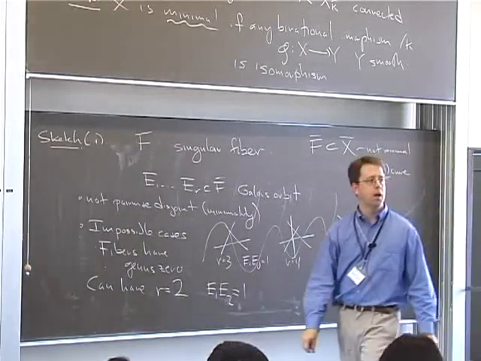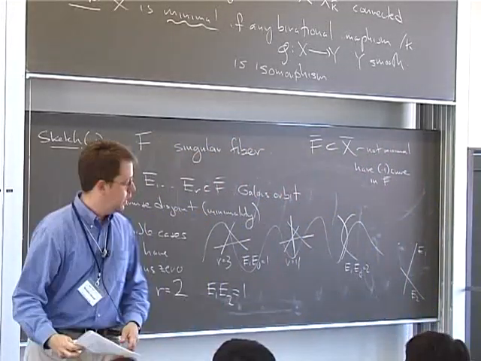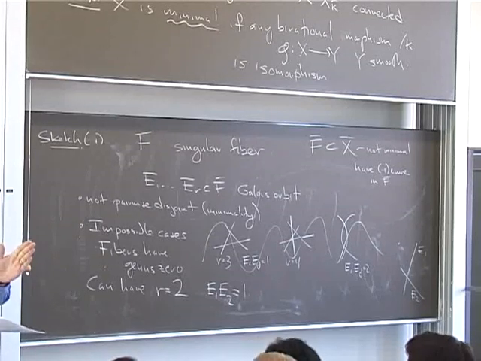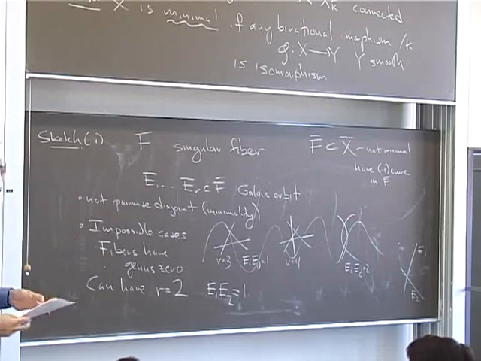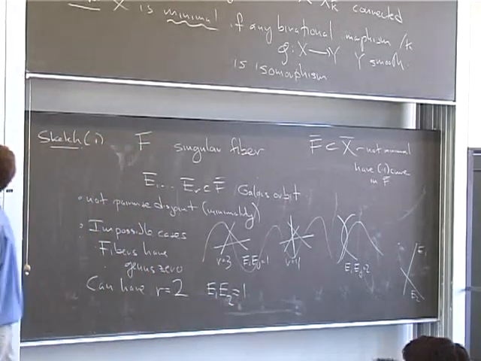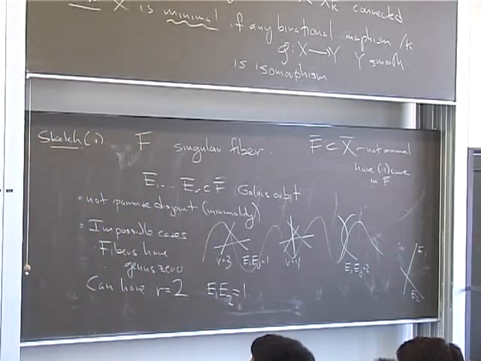Okay? So there might be other garbage, other than those two key components. How do we show that there isn't any other garbage that we don't want? So here's the idea.